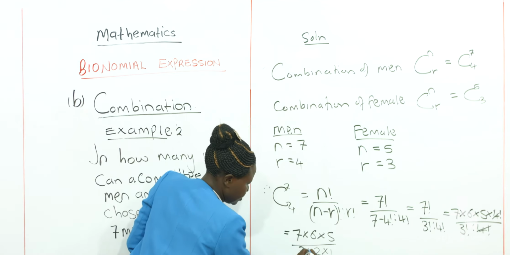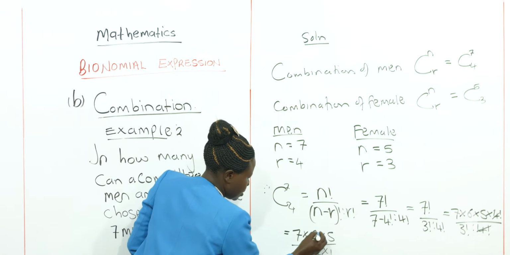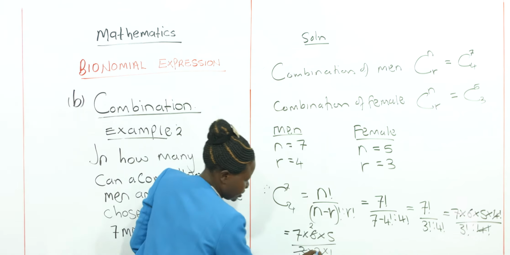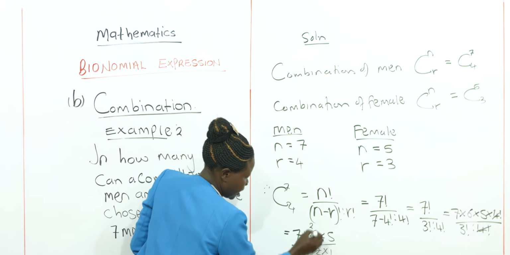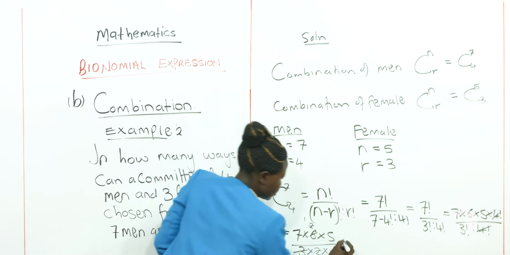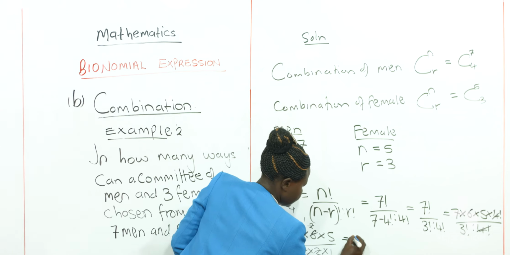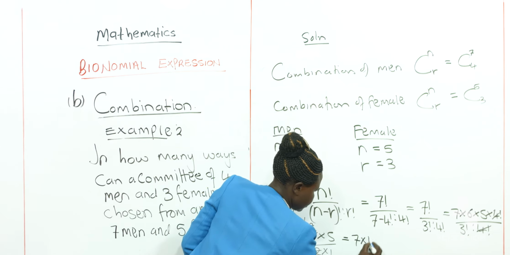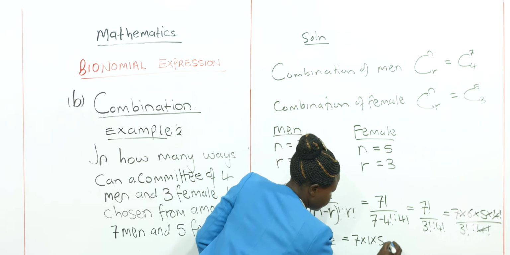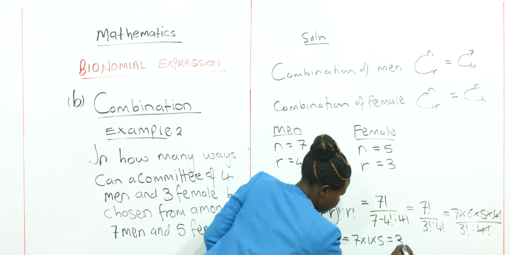Here the 3 cancels, 6 gives us 2, and here we have 2 and then 1. So you remain with 7 times 1 times 5, which gives us 35.